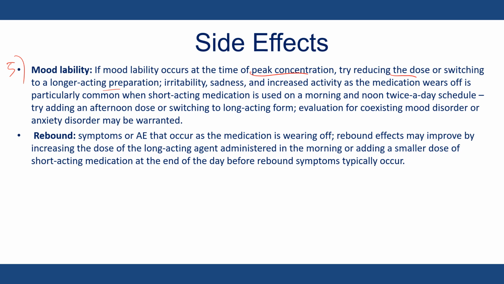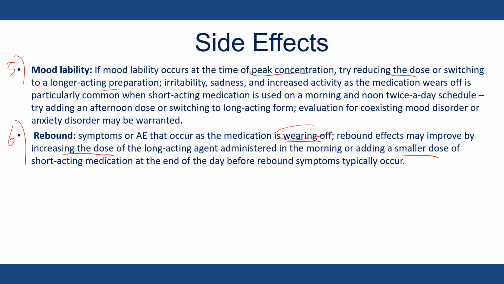Another one is rebound. The rebound effect has to do with the symptoms or adverse effects that occur as the medication is wearing off. A rebound effect may improve by increasing the dose of the long-acting in the morning, or you may add a small dose of a short-acting at the end of the day if the medication is wearing off and they have symptoms.